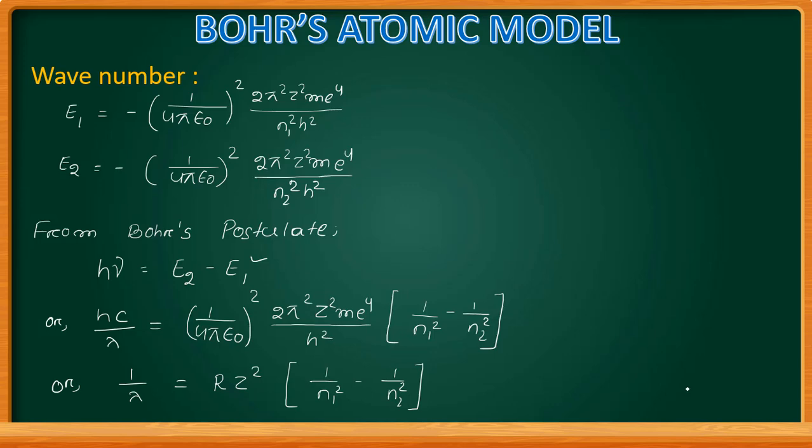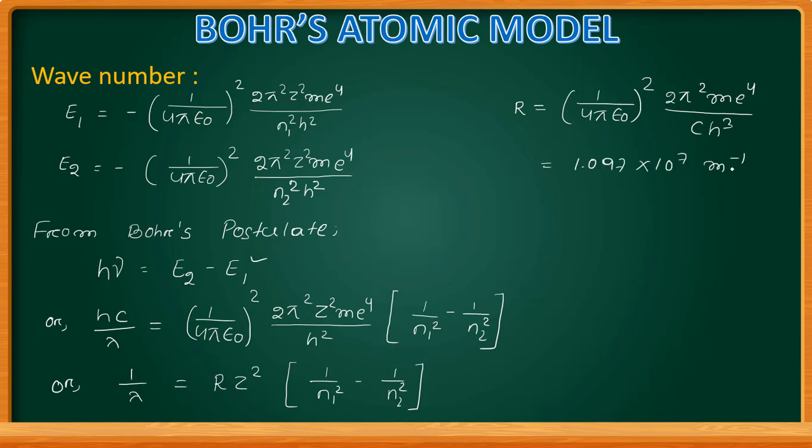Z square is also there. So what is R actually? R is the Rydberg constant, which is 1 by 4 pi epsilon naught whole square, 2 pi square m e power 4 by c h cube, and the value of the Rydberg constant is 1.097 into 10 power 7 meter inverse.